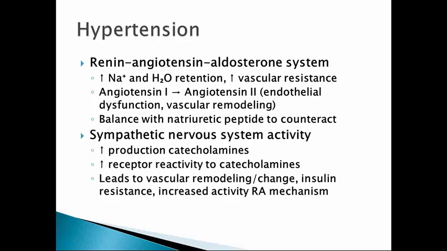So if you think about what we do in terms of treating hypertension, you can see how we are essentially attacking both the volume as well as the vascular resistance pathways or mechanisms. When we give diuretics, we're working on the volume. When we give angiotensin inhibition, we're trying to decrease the conversion or block angiotensin 1 to angiotensin 2 or block the receptors.